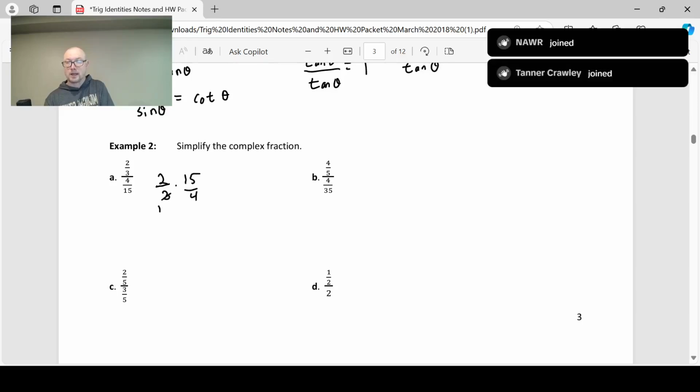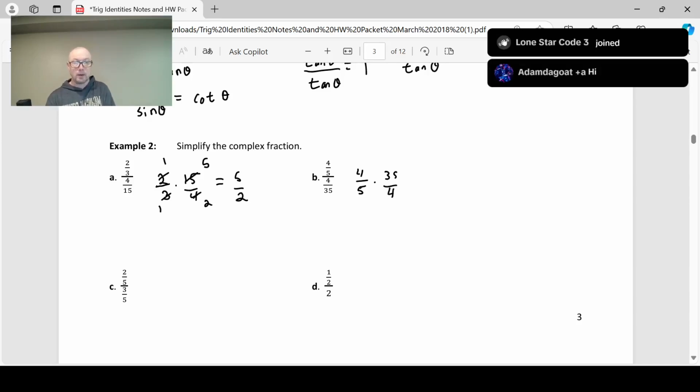And if we cross cancel here, 3 into 15, 5, 2 into 4, 2, we get 5 divided by 2. Okay? Same thing in the next one. This would be 4/5 times the reciprocal of 4/35, which would be 35 over 4.